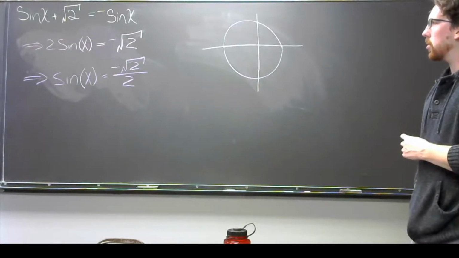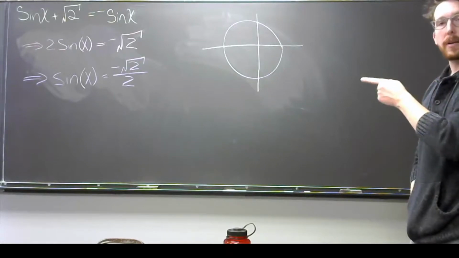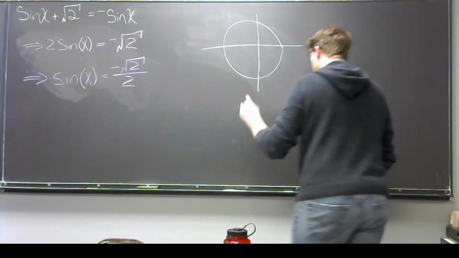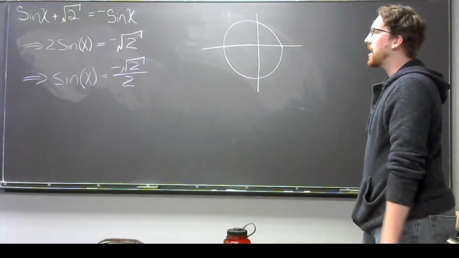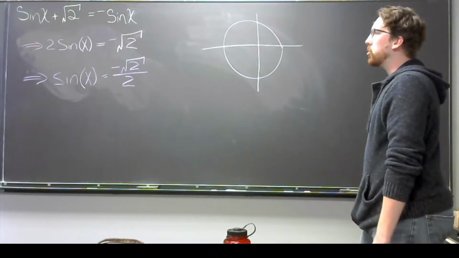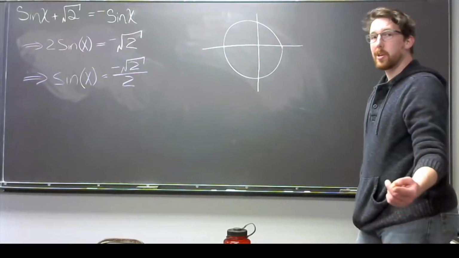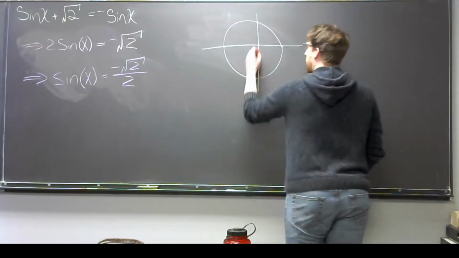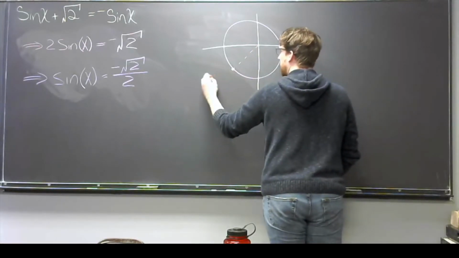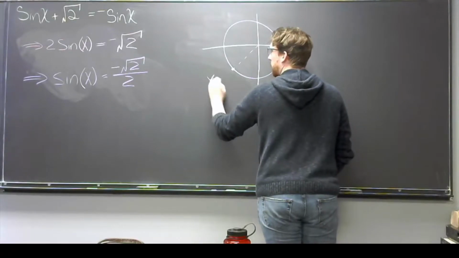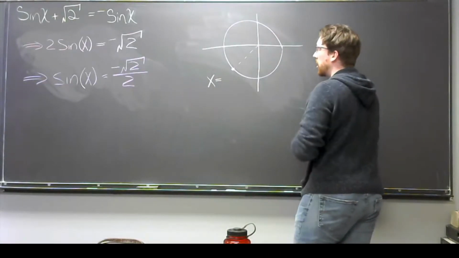So, looking at this, we can go back to our unit circle and ask, when is sine x equal to negative square root of 2 over 2? Well, there are 2 different spots, right? There's here, and this is when x is equal to, this x, not our graph x, right?